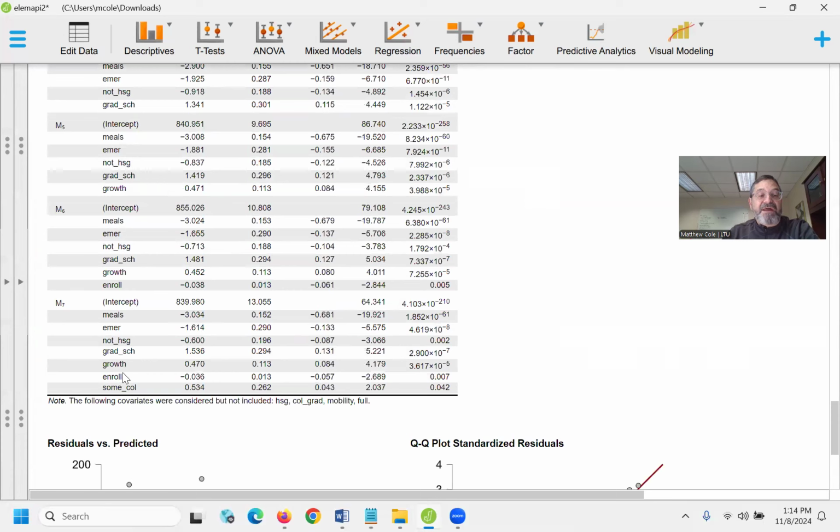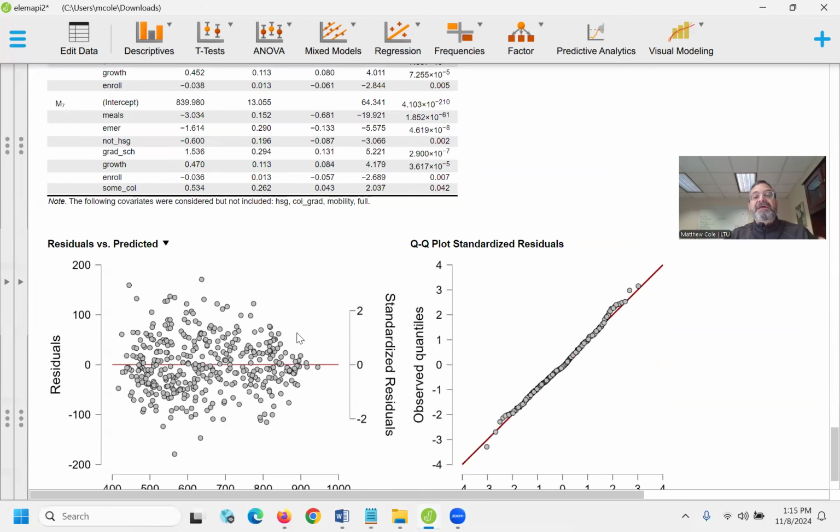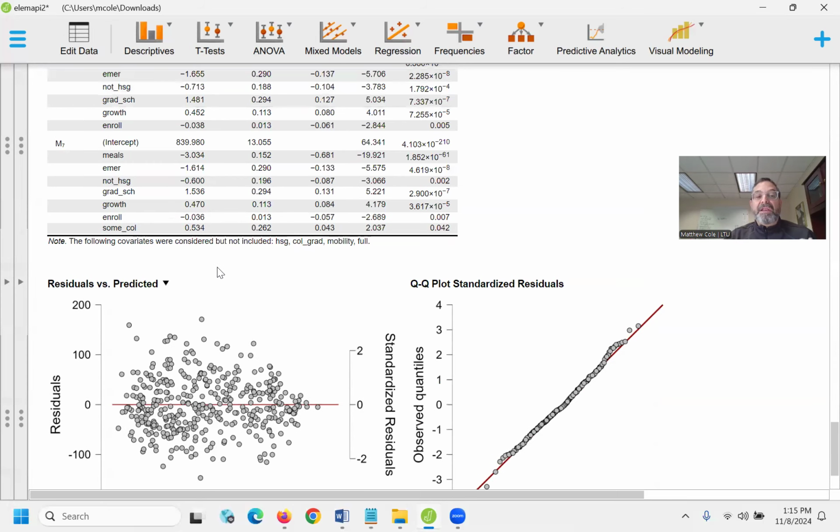So we end up, the final set, the best set, is meals, emergent, parent, is the school growing, how many are enrolled, and do the parents have some college? So you can kind of see what this does. Now, it's exploratory, might not make any sense to do it, but this is what stepwise is good for.